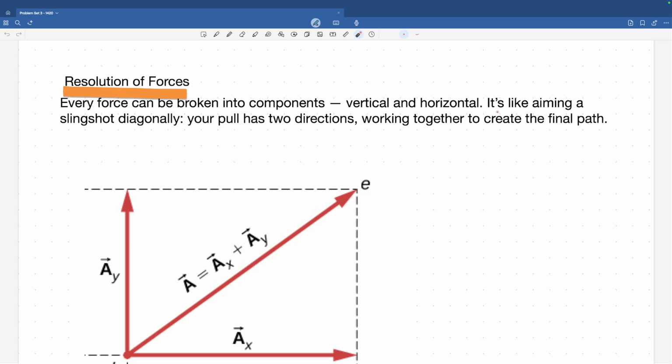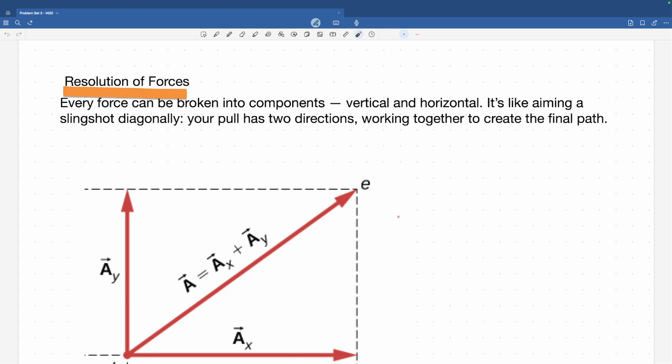And there's a good example given here, like if you aim a slingshot diagonally, you're actually pulling in 2 directions. You're pulling vertically and horizontally. The slingshot is moving both horizontally and vertically because you're moving diagonally.